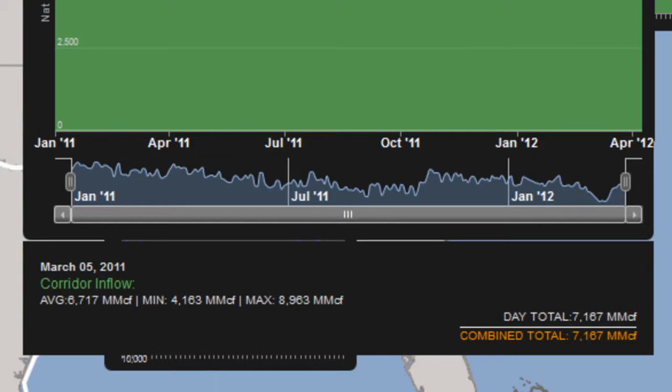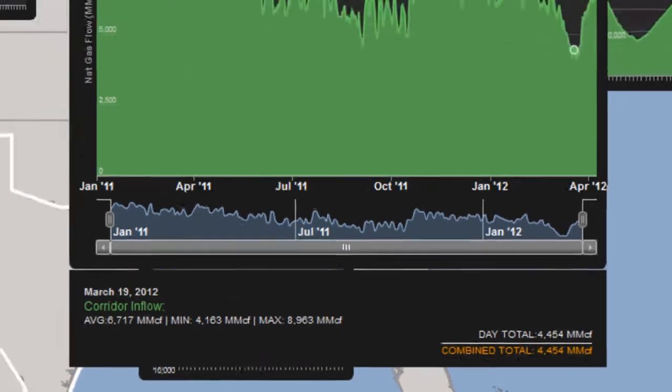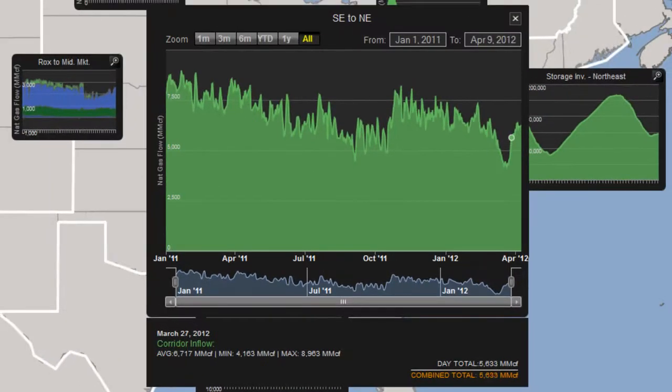Interesting, if you look down to more recent times, again during that drastic dip in demand in the Northeast, that is the point at which, over this 16-month period, the Southeast corridor's flows to the Northeast hit their lowest level in this time frame.